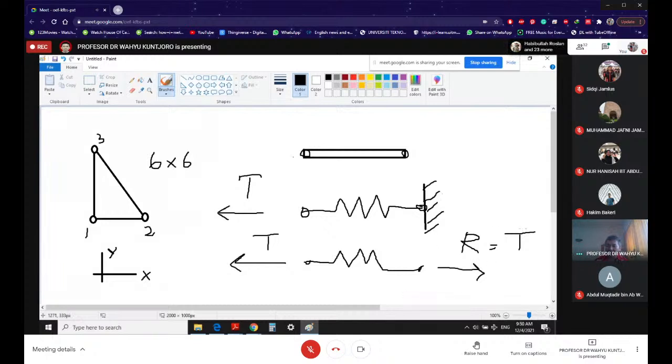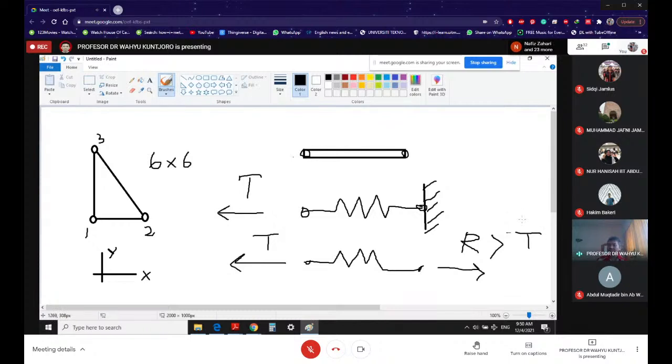If R here is higher than T, what am I doing here? Okay, I'm not very good on this. So let's say R is higher than T, then your spring is going to move to the right.